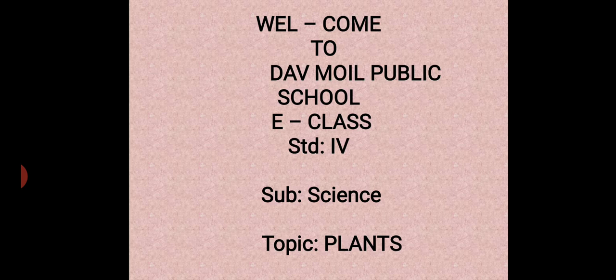My dear students, everybody has seen plants, because there are many plants and trees around us in our environment. As our body has different parts, no? You have learned in the third standard our body is made up of different parts like hands, legs, nose, mouth and many more things.